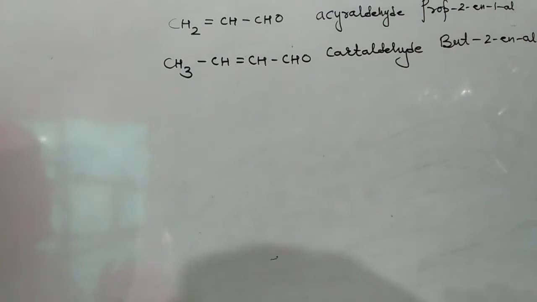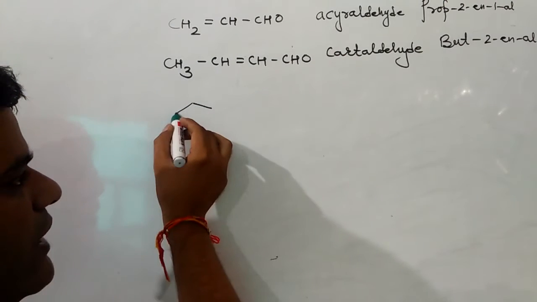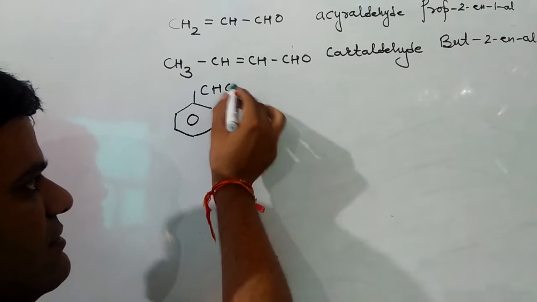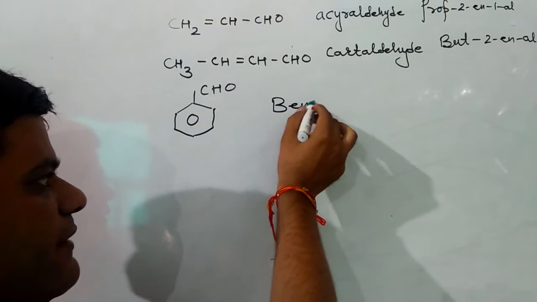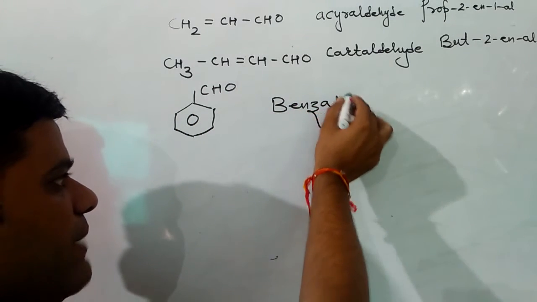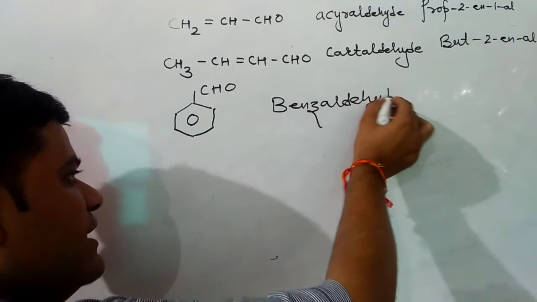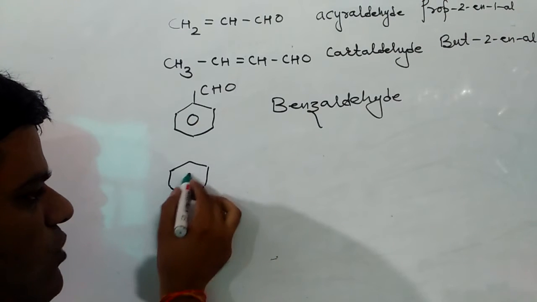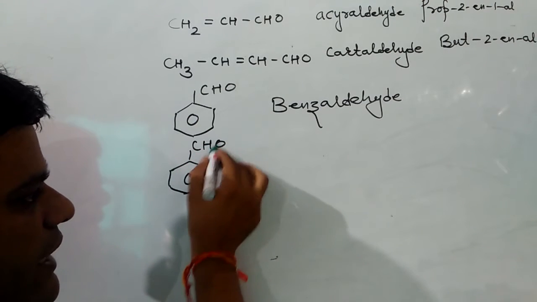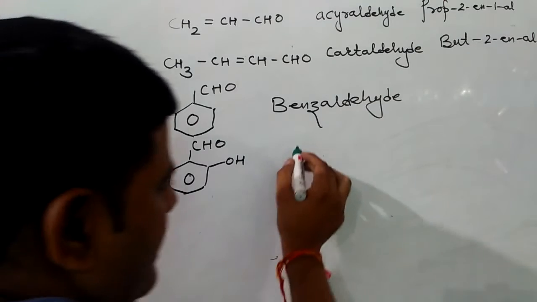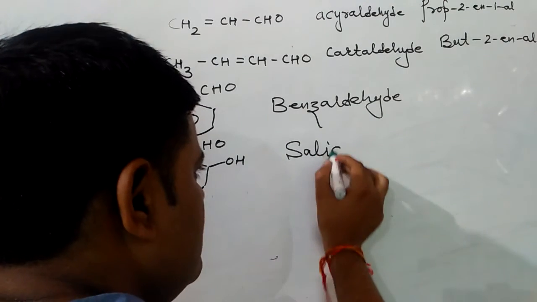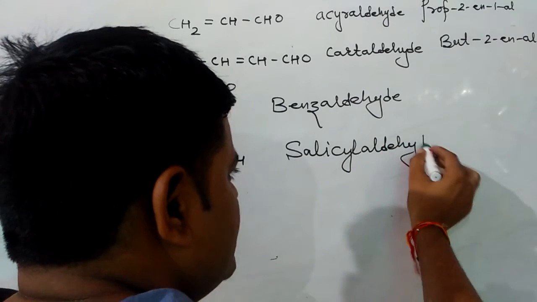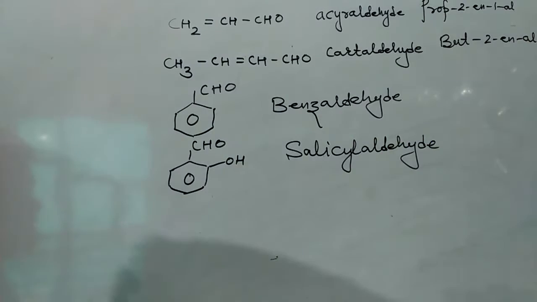After this, we have to discuss aromatic aldehydes, and the first one will be benzaldehyde or benzene carbaldehyde. Next one will be with a hydroxy group at the ortho position. Its common name will be salicylaldehyde, and IUPAC name will be 2-hydroxybenzaldehyde.